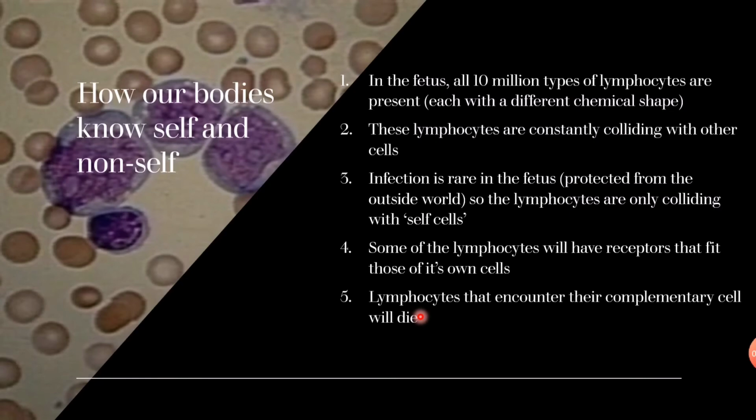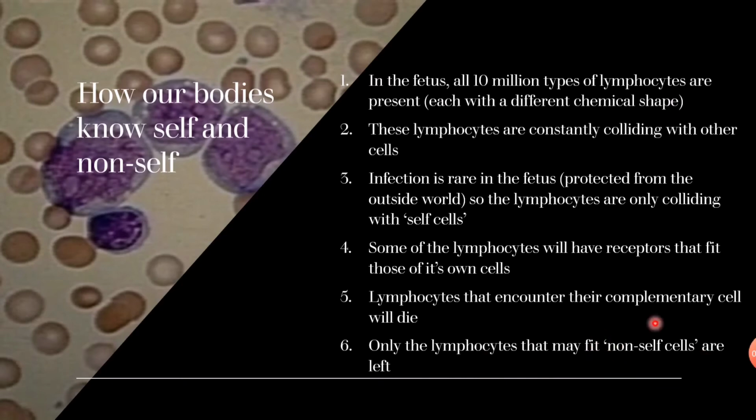So when a lymphocyte encounters a cell that it is specific to, it dies because it knows it is self, and the body will not need it later on to attack. Only the lymphocytes that may fit non-self cells are left behind. So this is how our body has the lymphocytes to attack non-self cells and not the lymphocytes to attack our self cells.